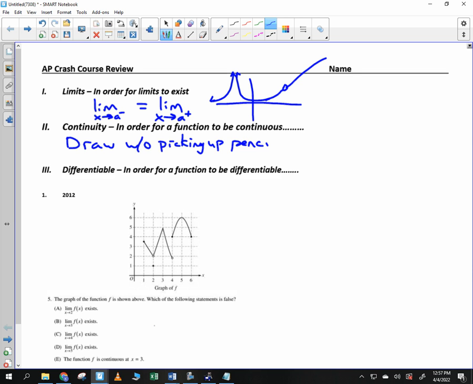We had three criteria for continuity to be met. Number one, f of a exists. Do you remember the other two? The limit as x approaches a of f of x must exist. Remember the third?